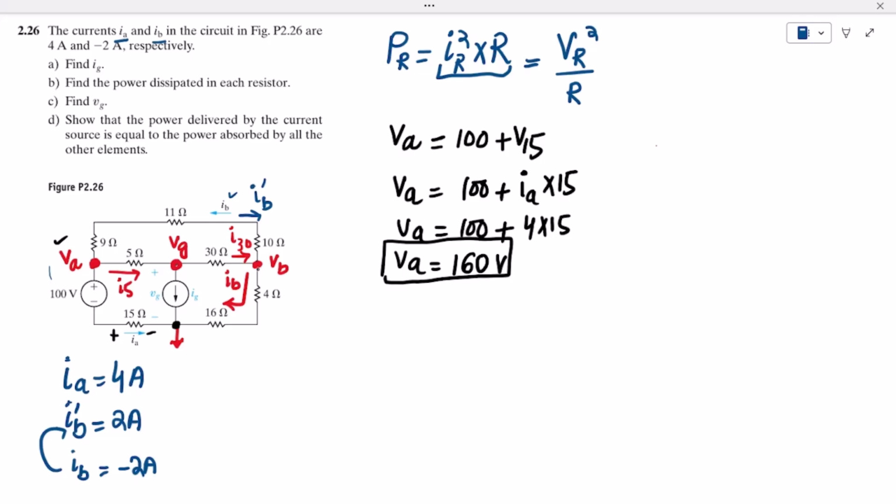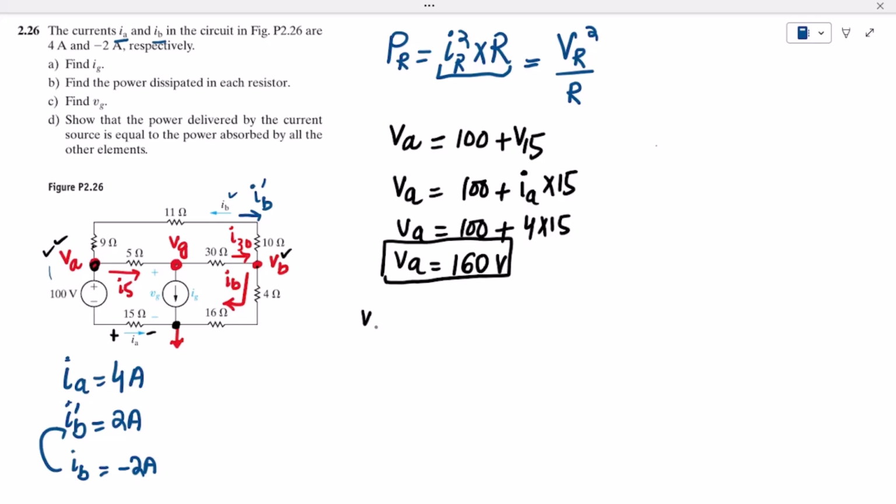Now in order to find the value of VB, what do we have to do? We must have all these values. Here we can see that this is VA, this is VB, this is the applied voltage, while this one is the remaining voltage, and the consumed voltage will be consumed across this 9 ohm, 11 ohm and 10 ohm. So we can again apply KVL here.